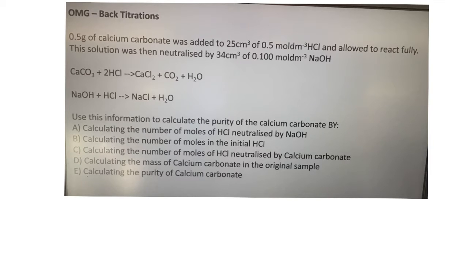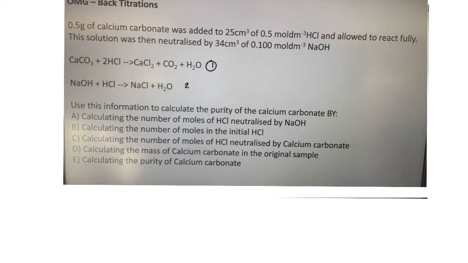That reaction is shown in the equation I've labeled 1. This solution was then neutralized by 34 cm³ of 0.1 mol/dm³ NaOH. That is in equation 2. So let's first look at calculating the number of moles of HCl neutralized by NaOH.